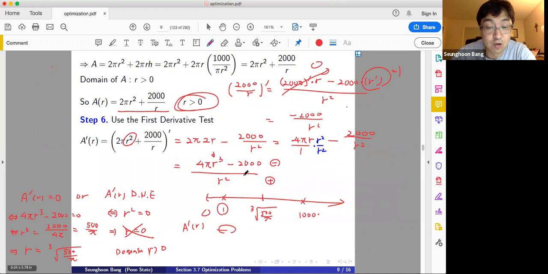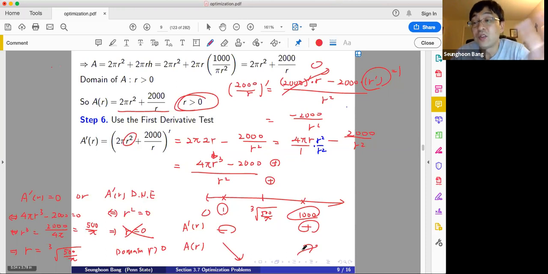Plug 1000 into r. 1000 cubed times 4 times pi is really big. The bigger number minus 2000 is a positive number. 1000 squared is also positive. Positive over positive is positive. So plug 1000 and we get positive. What is A of r doing? The graph is decreasing, then increasing.